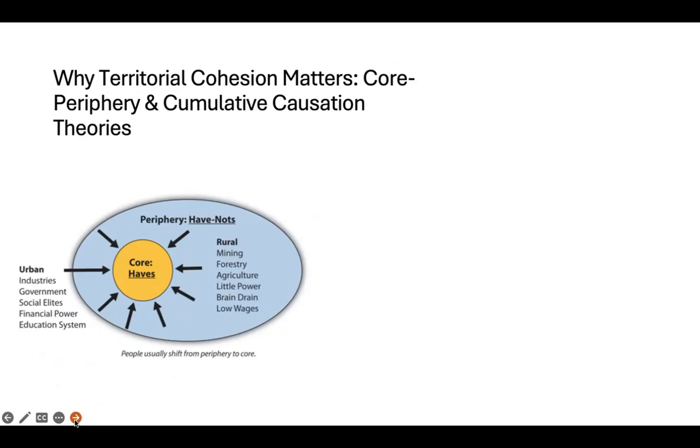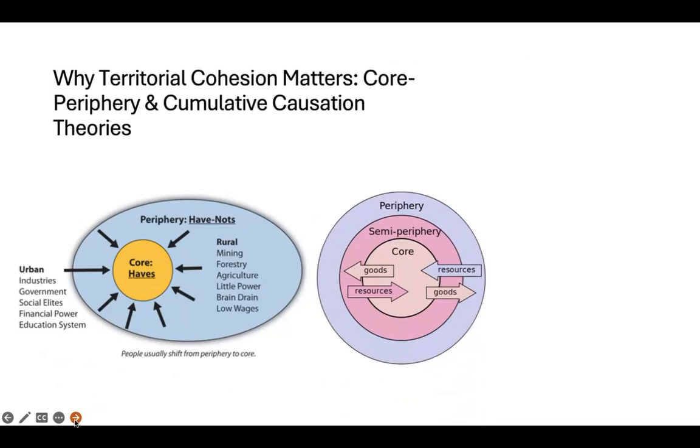As a result, the peripheral areas around them struggle to attract any investment and talent, and they risk further marginalisation as goods and people move from the periphery into the core, what we call backwash. And unless this is addressed, the gap between the two can just increase. Now, that's a really, really simple measure.